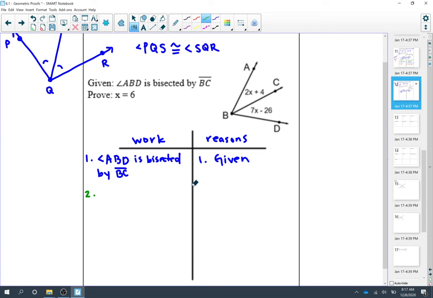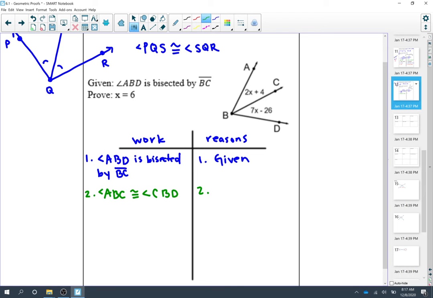Step 2, you can't just say that 2x plus 4 equals 7x minus 26, because the definition of bisect doesn't say anything about 2x plus 4 and 7x minus 26, but it does say something about what it does to the angles. So I know that angle ABC is congruent to angle CBD.